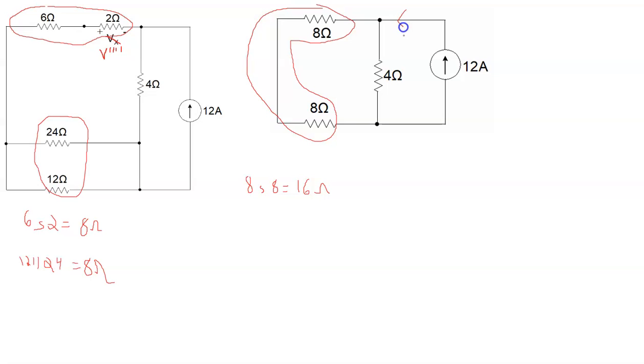And we have 12 amps comes out here and divides into that 16 ohm and that 4 ohm. And so we want to find this current right here, which I guess we'll go ahead and call X. So in this one, we actually do need to define RT because the 12 amps divides into this 16 ohms and this 4 ohms.